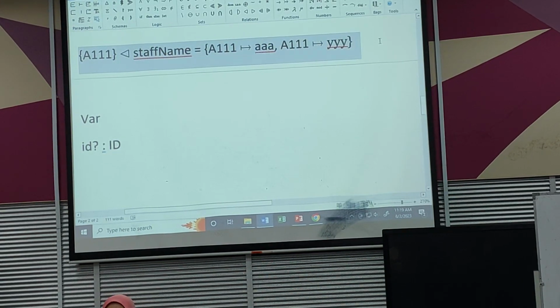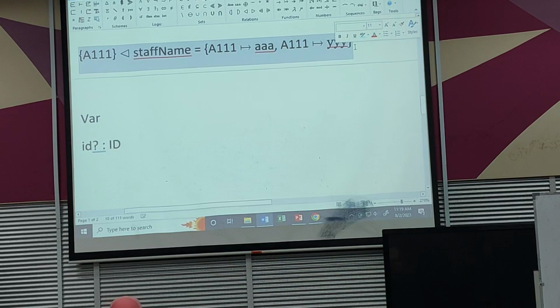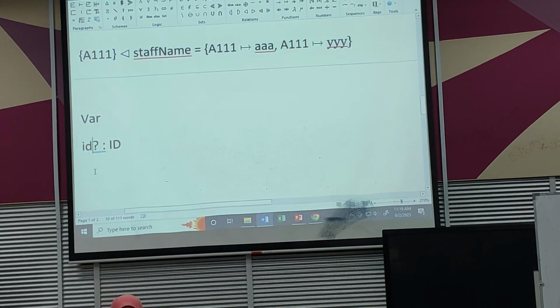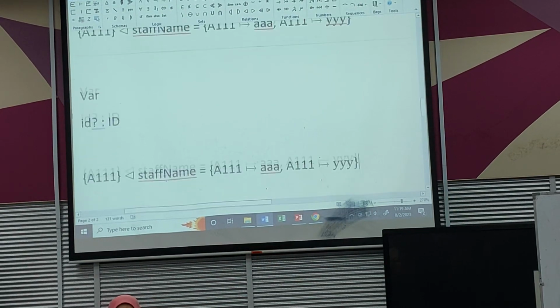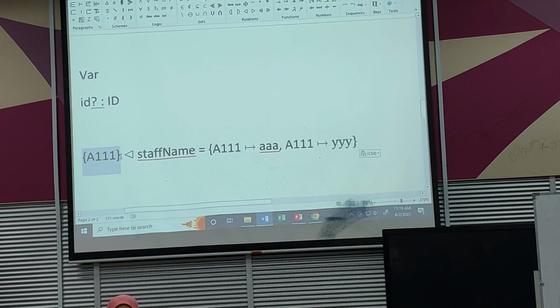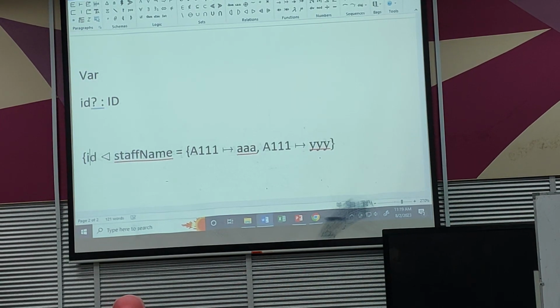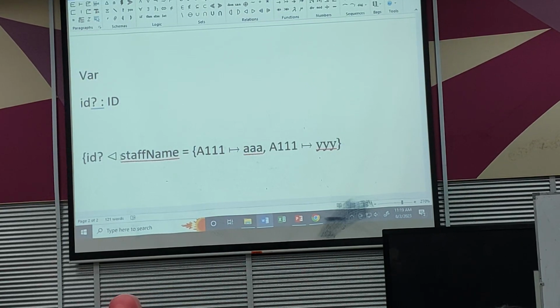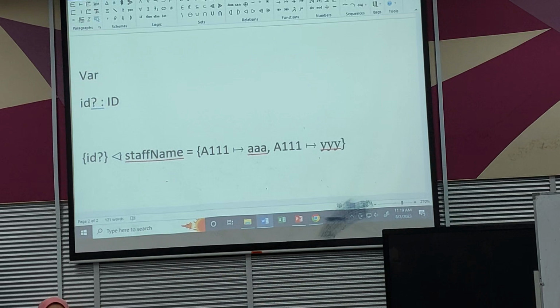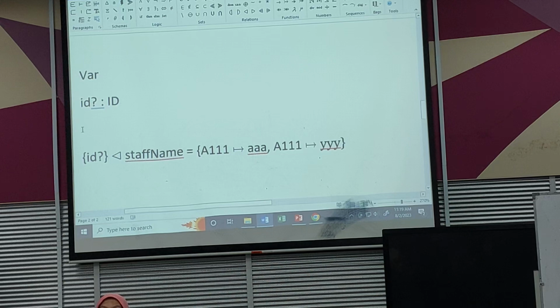You do the same thing, but rather than putting A111 in front here, it will be ID question mark. So this is the searching of data. If you don't want curly braces, you also can. It's up to you. So this is how you search the data from the domain. Let's say I just want to know the name, right?